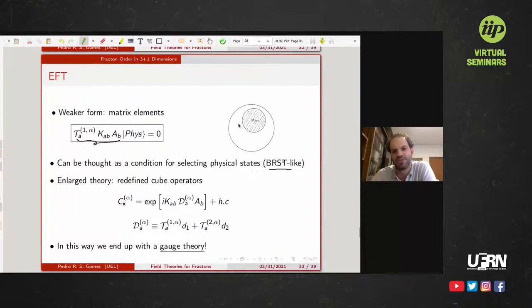So we will deform the theory describing a larger Hilbert space, but after this we need to project the theory inside the physical Hilbert space by using this condition, right? So in proceeding this way, we get the cube operators, only the gauge invariant part. And here again, I have introduced this big D, which is just a combination of the 2 derivative operators. So in this case, we end up with a gauge theory, okay?